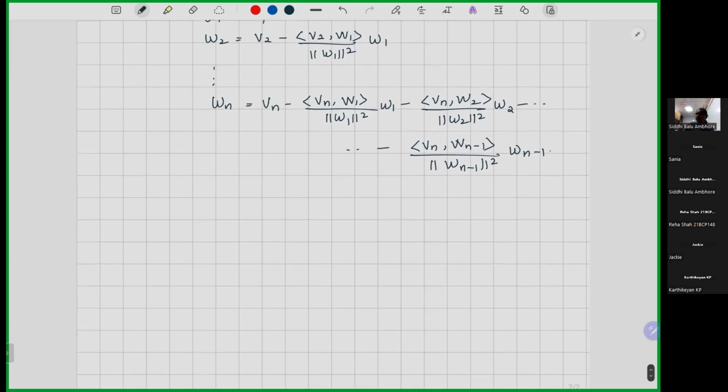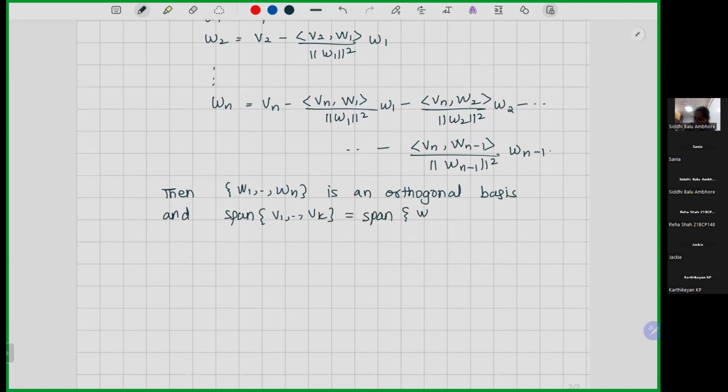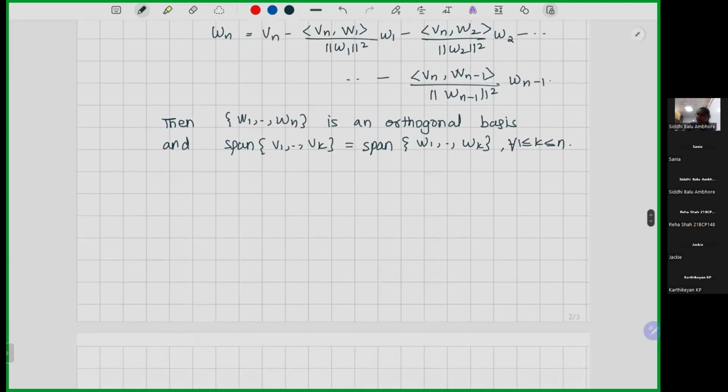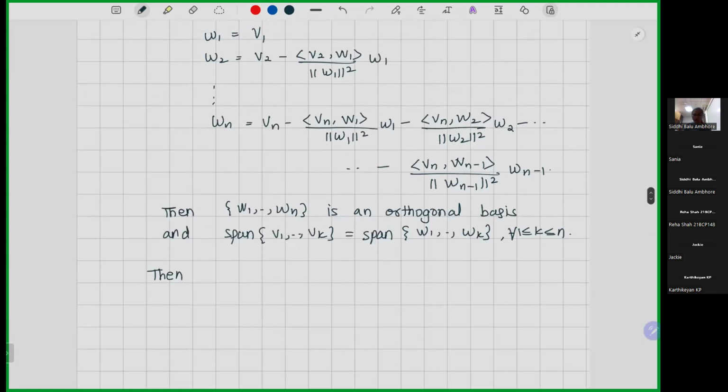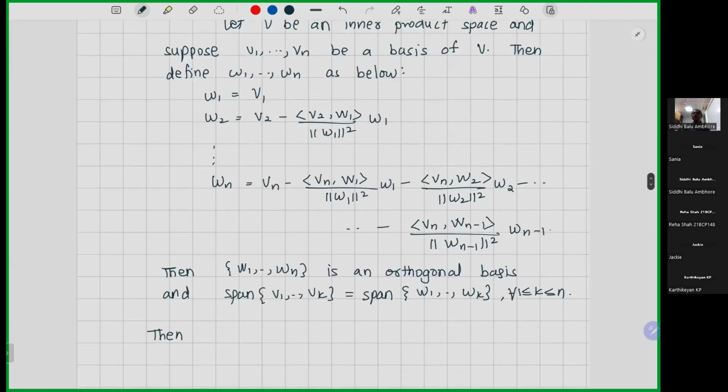So W1 to Wn is an orthogonal basis such that the span of V1 to Vk is equal to the span of W1 to Wk for all 1 ≤ k ≤ n. These are orthogonal but not orthonormal.